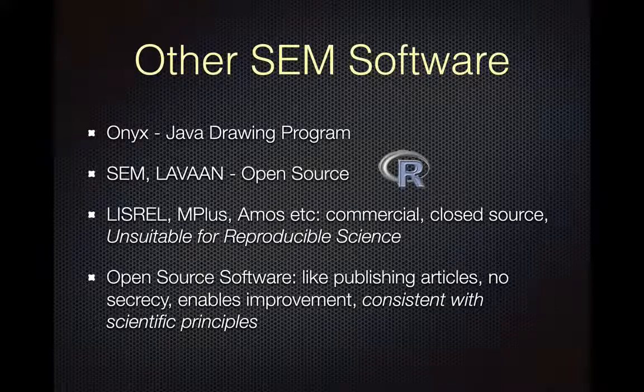And because they're closed source, they're not really fit for reproducible science. If you can't actually see the code and see how it does what it does, you should probably suspend your trust in the software until you've made sure with every single model that you fit that you can recover the parameter estimates. So you get a kind of Turing test of putting questions into this black box of software.